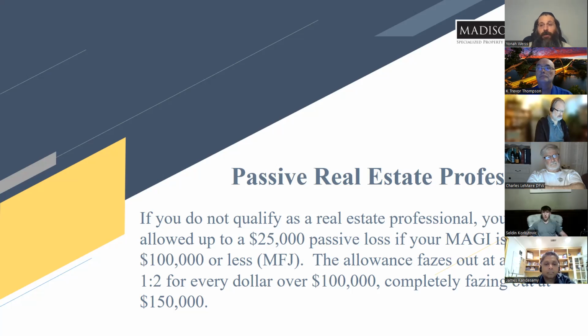As I mentioned earlier, if you self-manage short-term rentals and the average stay is less than 7 days, and you only spend 100 hours a year, right? You can still have a W-2 job, but you are spending about 100 hours a year and more time than anyone else. You can actually then use these depreciation deductions to offset your W-2 income as well. So that's another benefit. So again, the two exceptions are less than $100,000 adjusted gross income or short-term rentals.